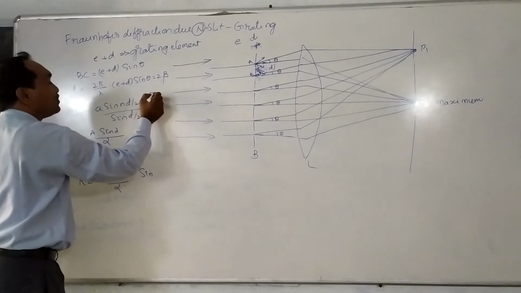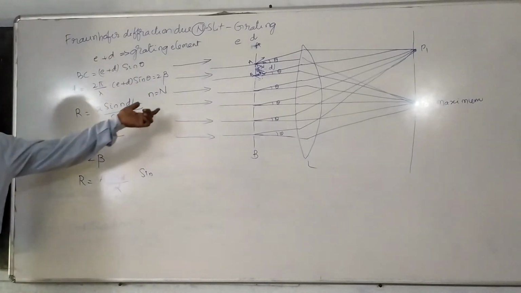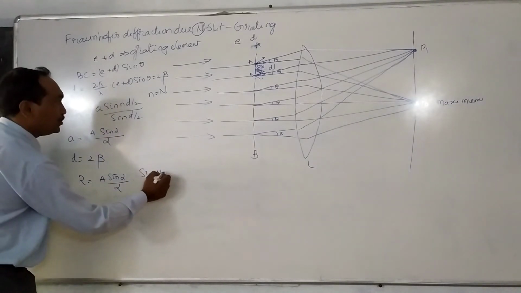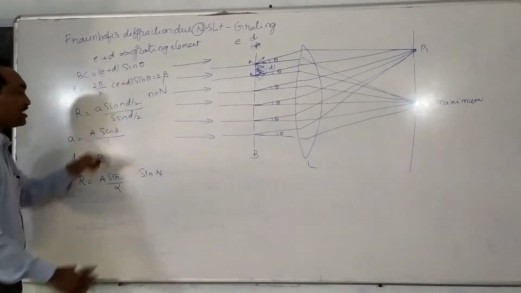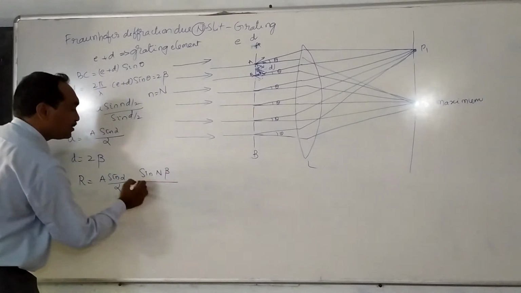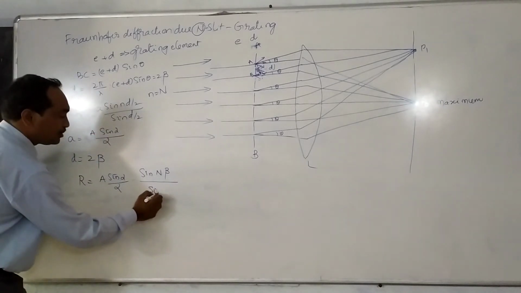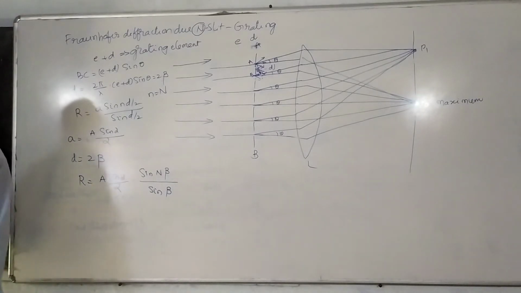So in this case, small n is equal to capital N; the number of vibrations is equal to the number of slits. Delta is equal to 2 beta, so delta by 2 is beta. So R is equal to A sin alpha by alpha into sin(N beta) by sin beta. That is the resultant amplitude due to the N vibrations.